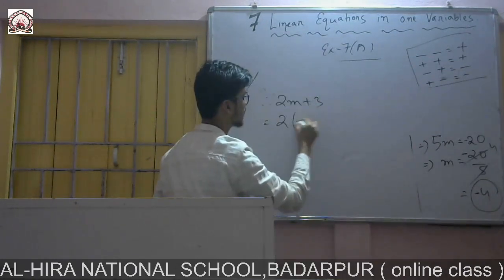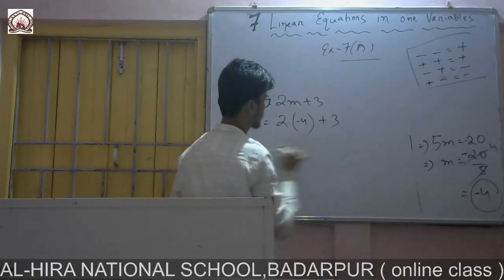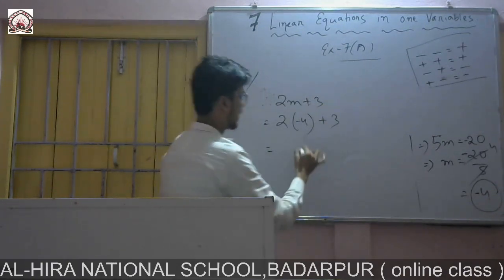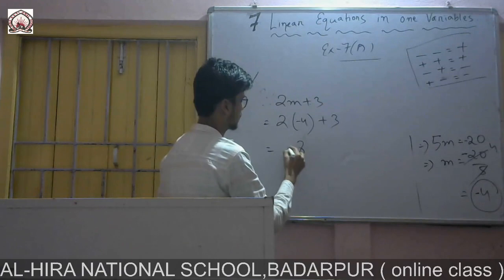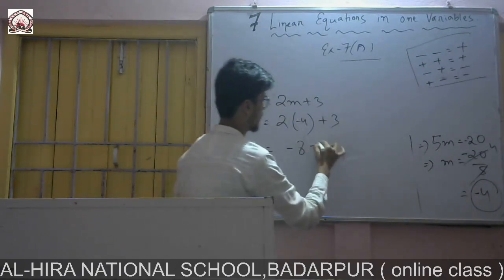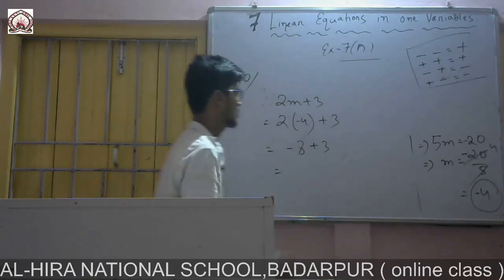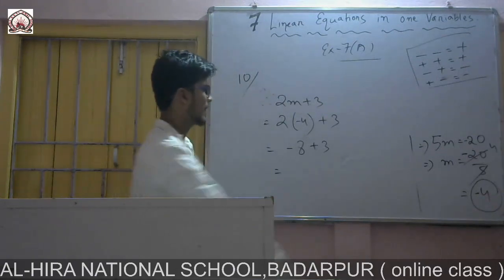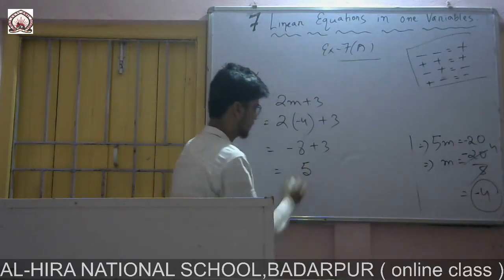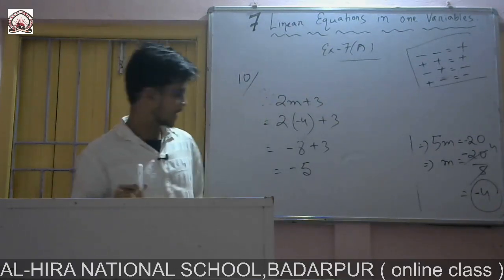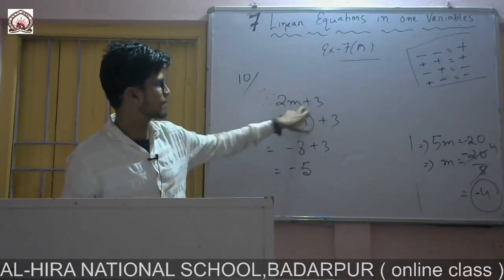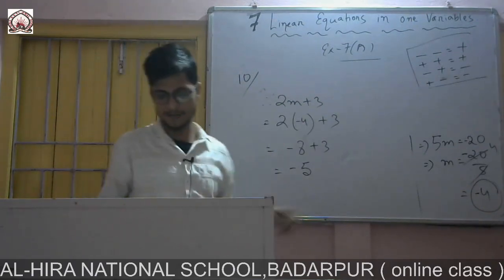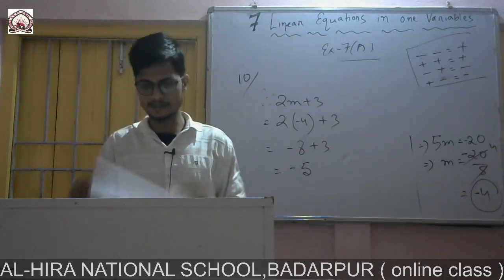So I will put it here. 2 into minus 4 plus 3. 2 4s are 8 plus the sign will be minus, and there it is 3. So minus plus it is minus. 8 minus 3 is 5, and sign will be minus. So the value of twice m plus 3 is minus 5. So this is the end of this exercise.